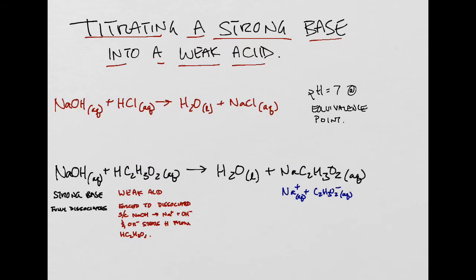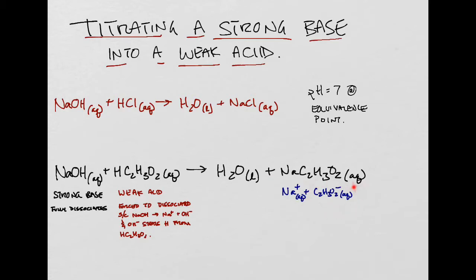Now, if you understand that, the next thing that might blow your brain away is that when this reaction is complete, and keep in mind, I don't have the arrow going back in the other direction, it does completely drive towards the products. In other words, it goes to everything over on the right side. When the reaction is complete, it's not neutral at the equivalence point, because of this right here.